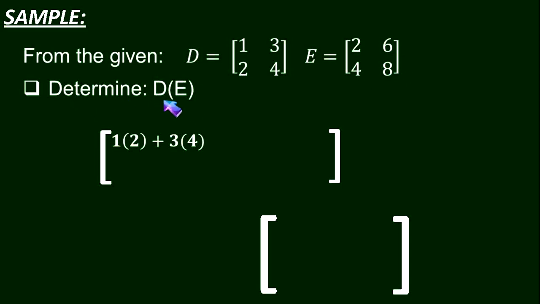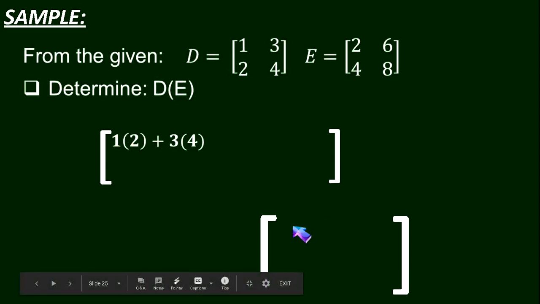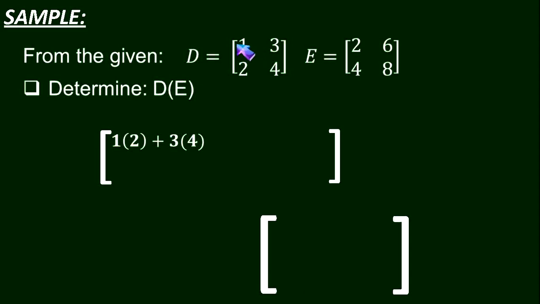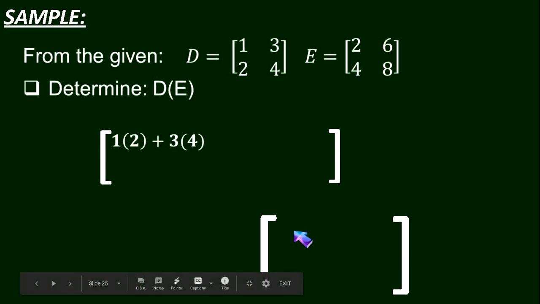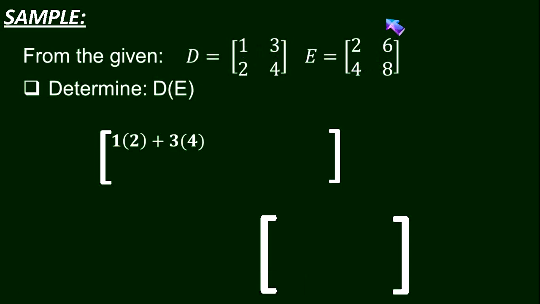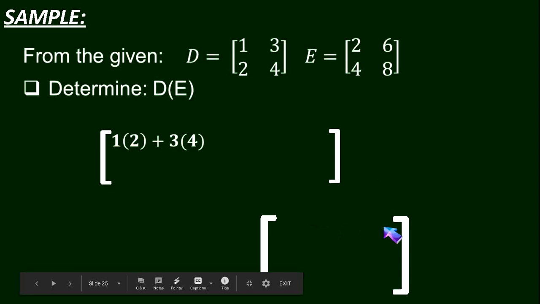So, we have to determine D times E. So, in multiplying, yung magiging first entry natin dito, we have to take the summation if we multiply our first row, first column. Yung magiging second entry natin, we have the row 1, column 2.